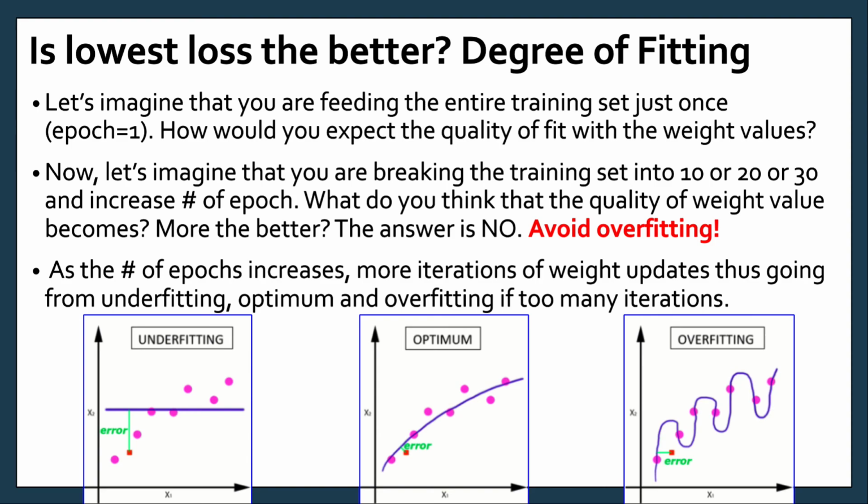And if that's the case, it's not really helping your deep learning, the neural network, to learn correctly. So you want to feed different data as well, okay? So you want to land on the optimum. If you remember your linear regression, it's the same. You don't want to underfit or overfit. You just want to be at the optimum level.